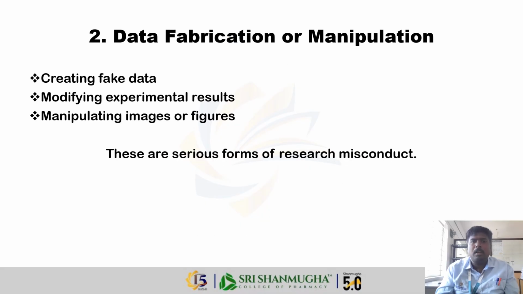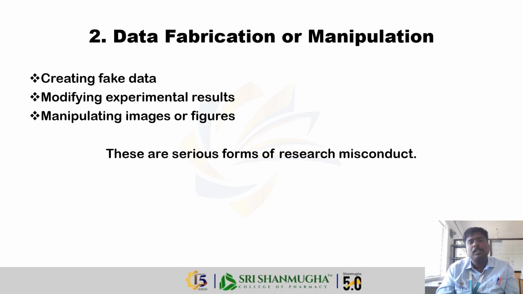Another reason for the retraction is data fabrication and manipulation. Manipulation means if you take someone's research paper, then manipulate your data. For images, you can crop or use Paint or some software, then modify the image and use it in your paper. That is data manipulation. Data fabrication is also the same.